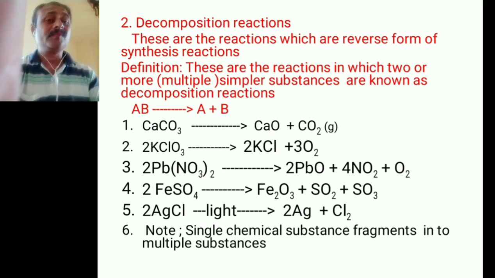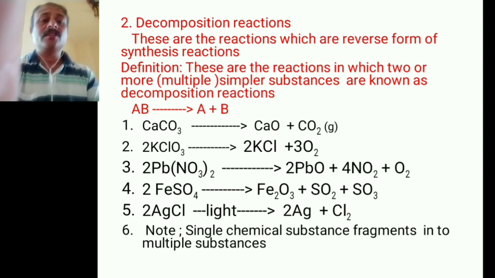Okay, fine. The second one is KClO3. When KClO3 is heated, it forms potassium chloride plus oxygen. That is also another example. And lead nitrate, Pb(NO3)2. When lead nitrate is heated to a certain temperature, it produces lead oxide PbO plus NO2, nitrogen dioxide, plus oxygen.